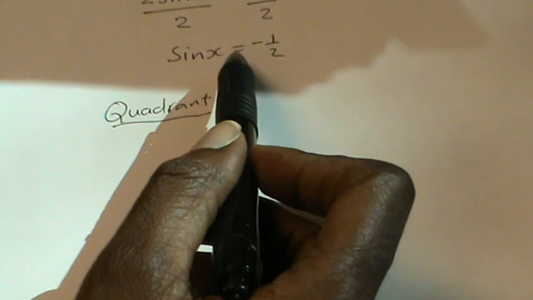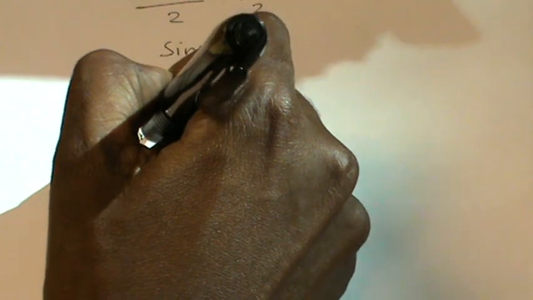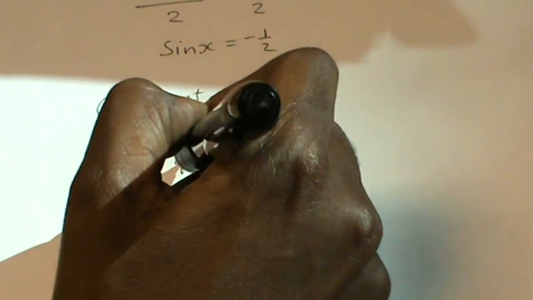In what quadrants is sine negative? Sine is negative in the third quadrant, and it is also negative in the fourth quadrant. So I'll need to keep that in mind after I work out my reference angle.